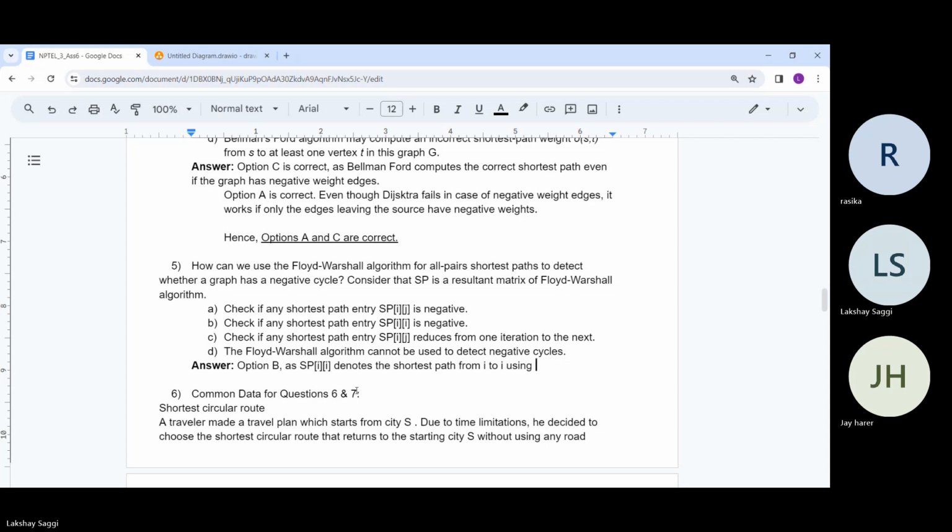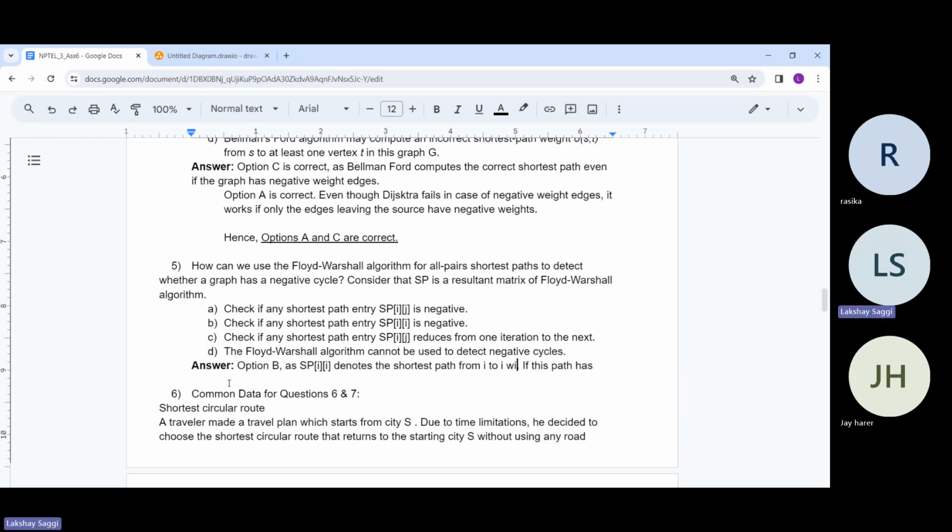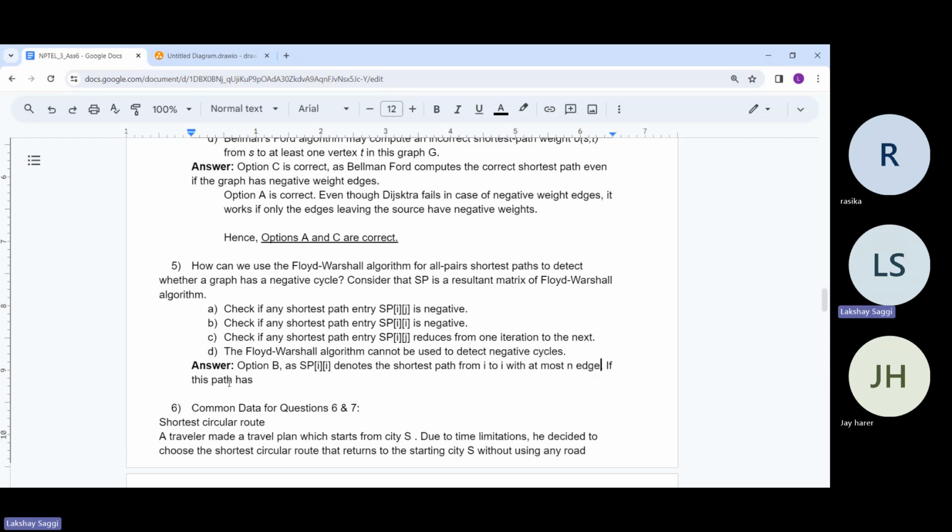using all possible vertices. Or maybe, using from I to I with at most n edges. Maybe this is better. So SP of I comma I denotes the shortest path from I to I with at most n edges.